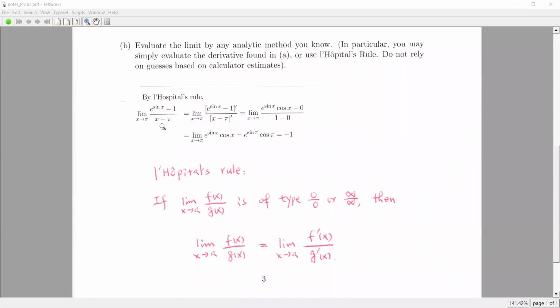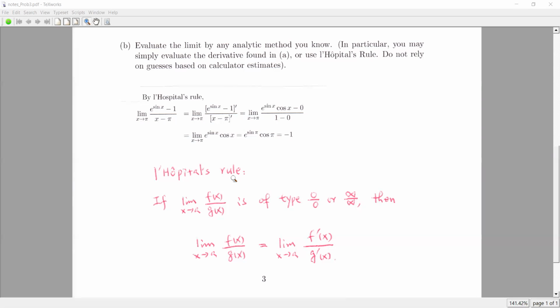Now, direct substitution. I plug in pi for x. By a calculator, I have 0 over 0. So direct substitution cannot determine this limit because the indeterminate type is 0 over 0. I can use L'Hopital's rule.